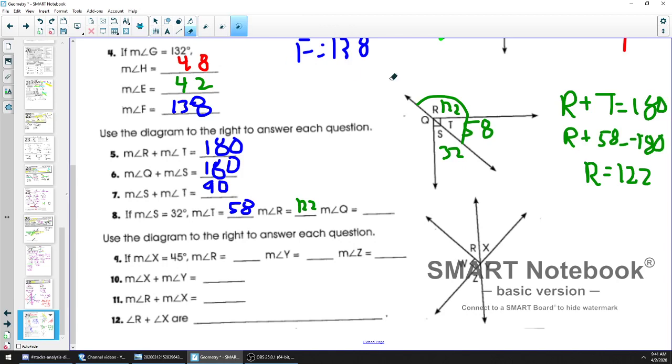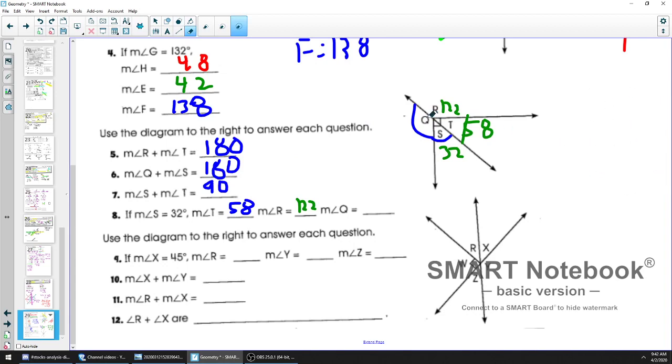Now, I have to think about the last one, Q. Where is Q? Q's right here. Can I make a 90-degree or 180-degree angle? Can't make a 90-degree angle. I don't see a square like this. But if I keep going this way, I see that I made a straight line from here to here, a full semicircle. And what's my equation? Q plus S equals 180.